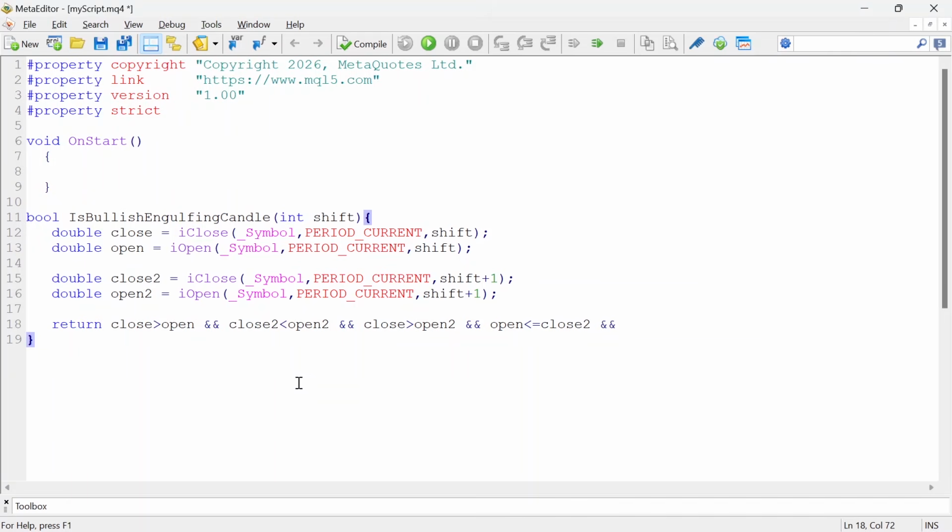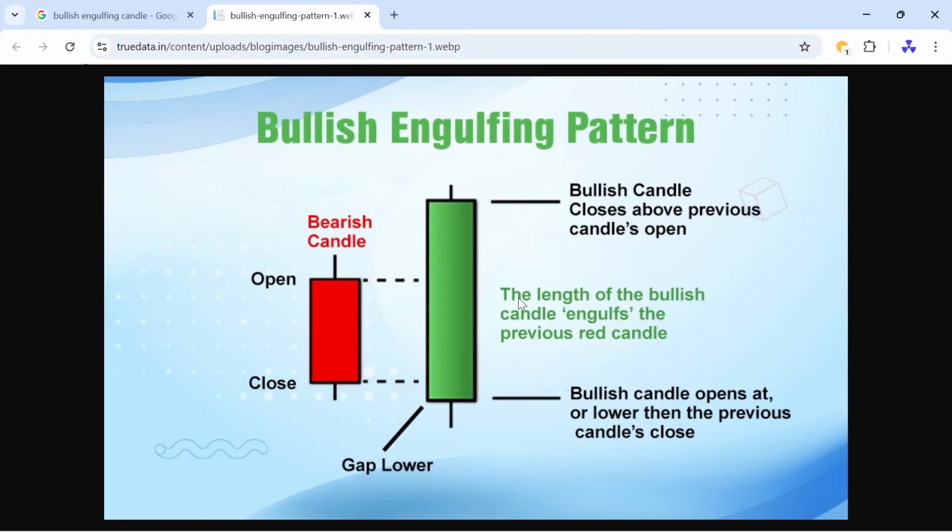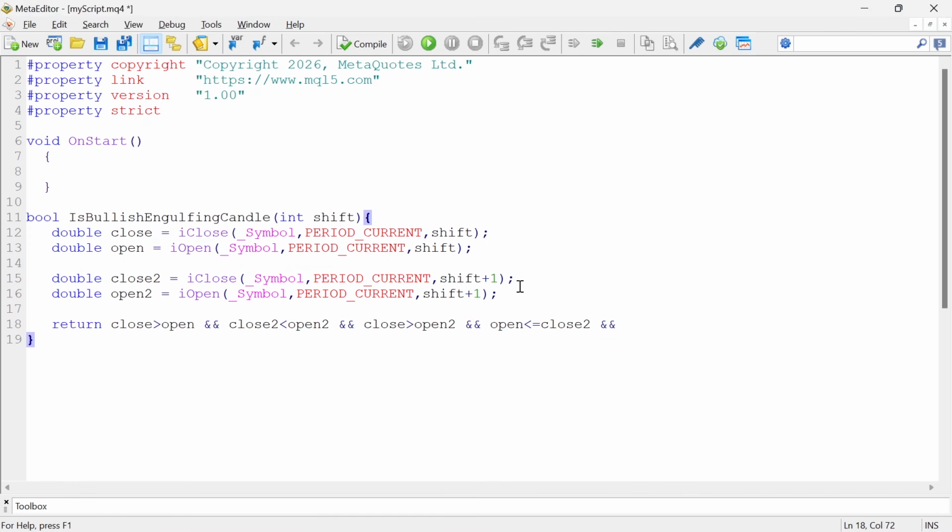Then one last thing, we want to make sure that this candle engulfs this candle's body, that is, it has a bigger body, right? So how do we know if it has a bigger body? There are different ways to know. We can judge from the length, which is the difference between the high and the low of the candle. We can also judge using the open and the close of the body.